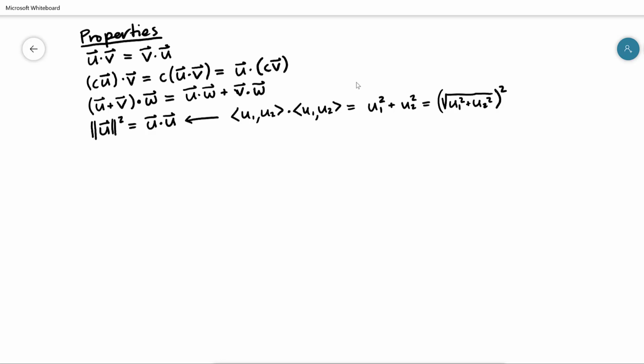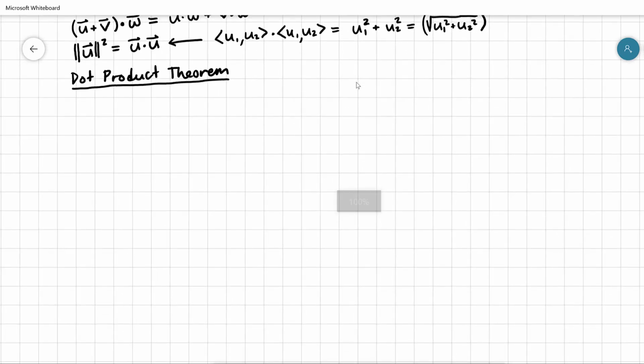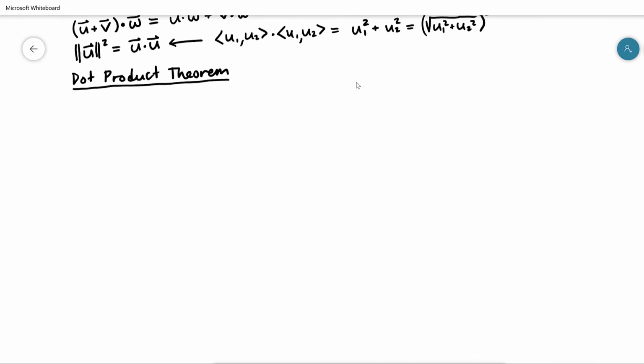This is sometimes referred to as the dot product theorem. In a sense, it's almost just a secondary way of defining the dot product. We're going to define it in terms of this angle theta between two vectors. So let me write it out, and we'll look at an example.